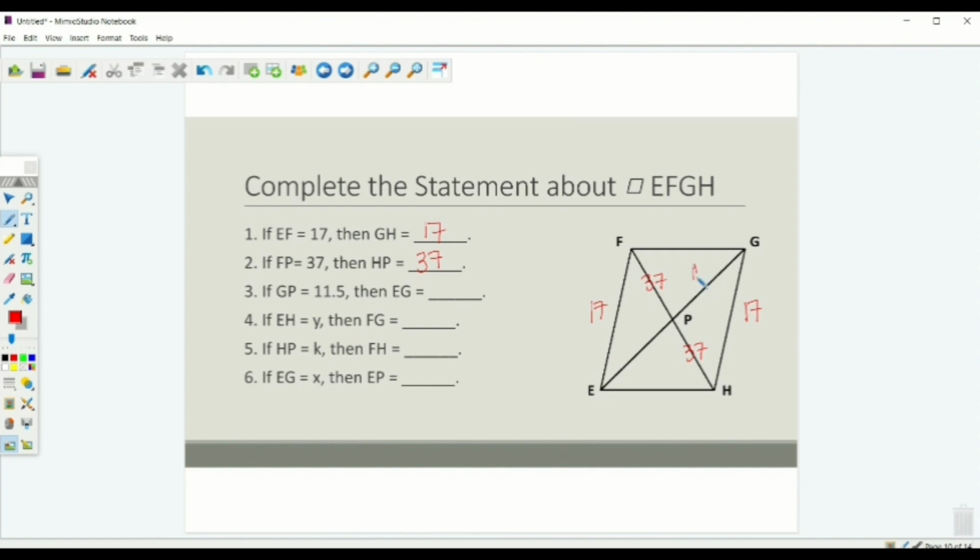So take note, this is 11.5. Then what is the measure of EG, which is this one, the whole diagonal? We will still apply the property of parallelogram that states diagonals bisect each other. The diagonals are divided into two congruent parts.